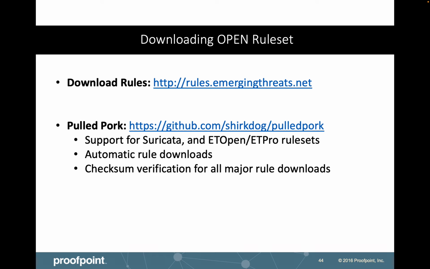It also supports using your own signatures. So if you have a custom rule file that you want to send out with your Emerging Threats Open rules, it can do that. And like I was saying, if you find a sample like this and you want to pull your signature out ASAP instead of logging into every appliance, you can use PulledPork to have some automation internally.